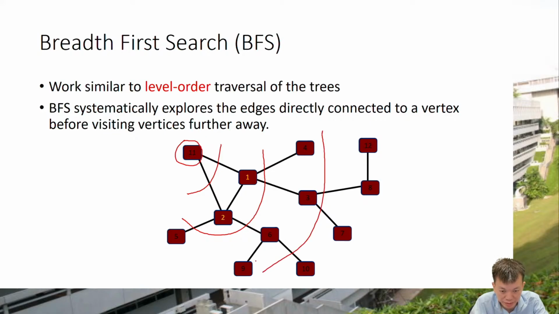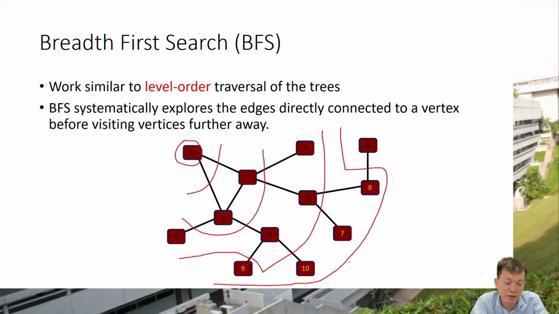Then the next one will be this one. Then after that, the next level will be this one. Yeah, that's the level order. That's a breadth search. So when you see that you are trying to visit level by level, actually you are trying to do some kind of queuing.